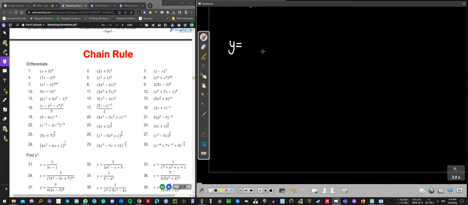Okay, so let's say I have y equals 2x plus 3 to the power of 2, versus another situation, y equals 2x plus 3 to the power of 2.